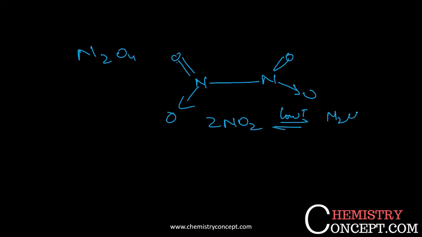We'll get N2O4. It is colorless and exists in equilibrium in both gas and liquid state. And N2O4 is not that much stable in the solid state. It is nearly unstable.